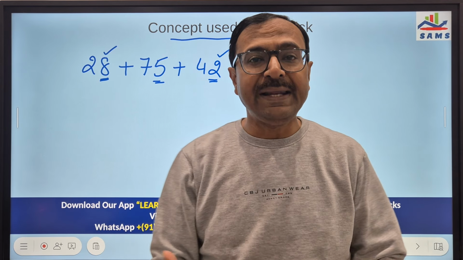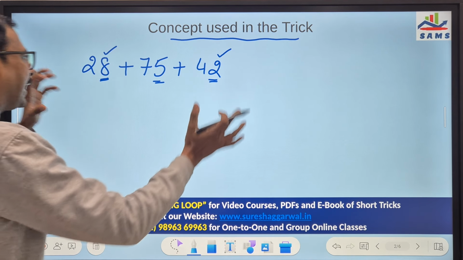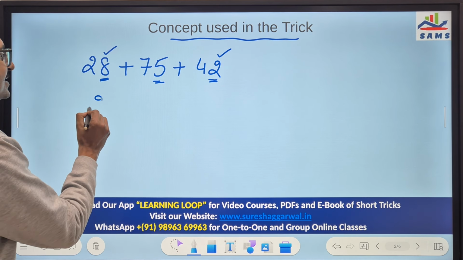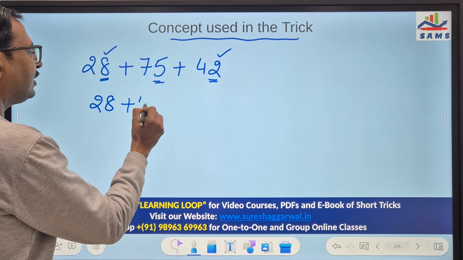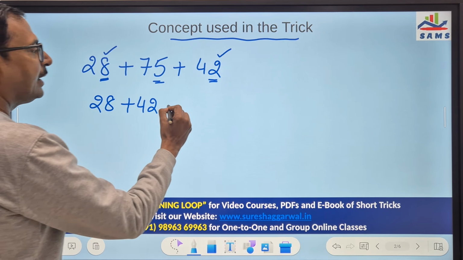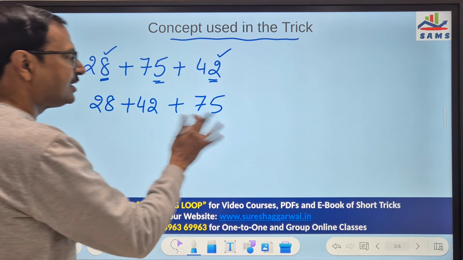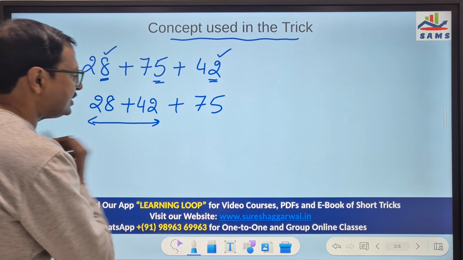Now this is called rearrangement. You don't have to write them by shuffling the numbers, but you need to understand that adding 28 and 42 is much easier than adding 28 and 75. So we'll leave 75 for the last and we will add these two.